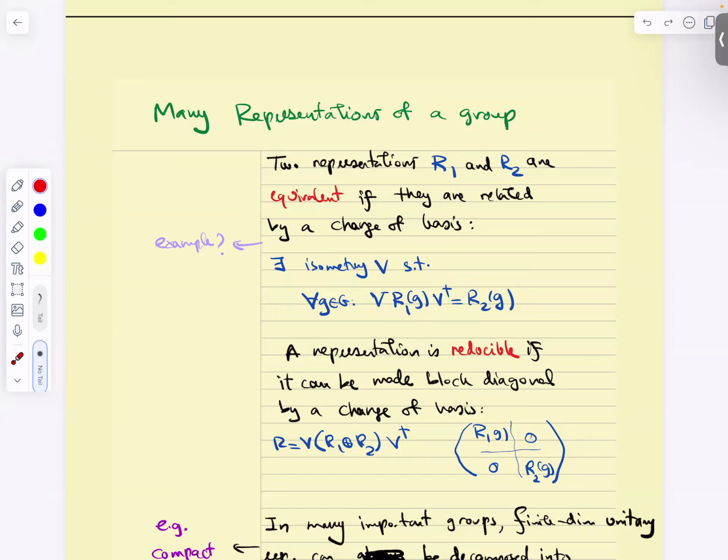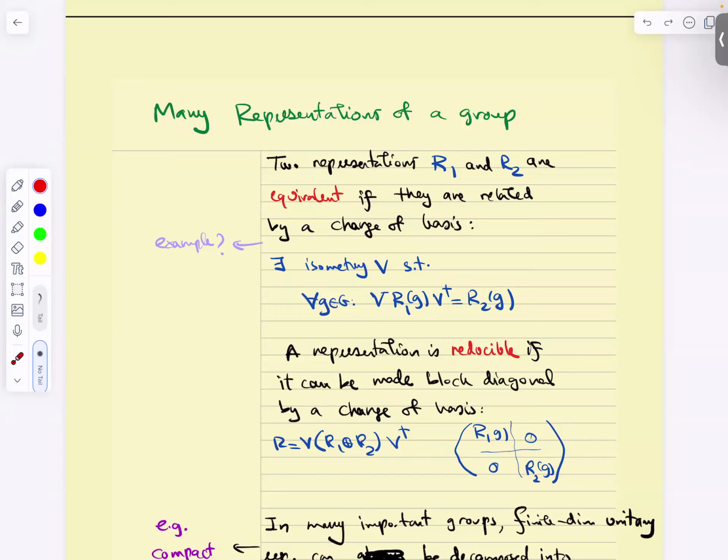Does this transformation preserve group multiplication? How? R of G1 G2 becomes V R of G1 V dagger V R of G2 V dagger.